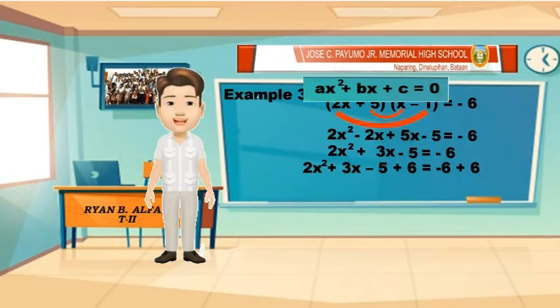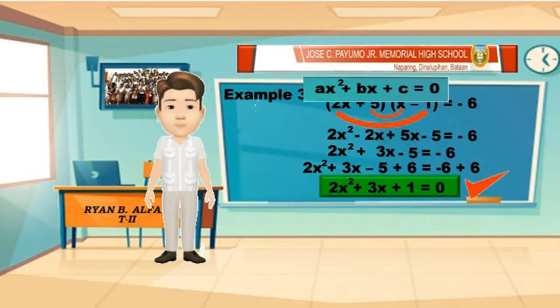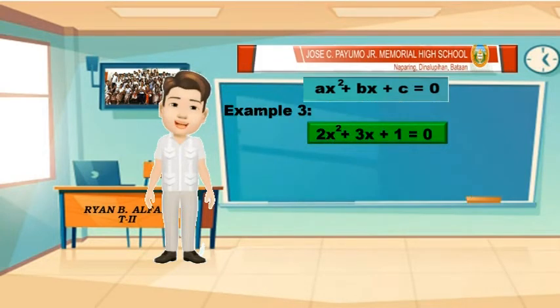Adding unlike signs, we're going to subtract, then copy the sign of the bigger number. So we will have 2x squared plus 3x plus 1 is equal to 0. And that is our standard form. Now identify the value of a. Yes, that is 2. B is 3. And c is positive 1.